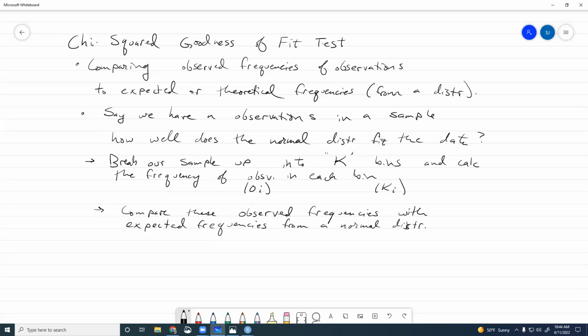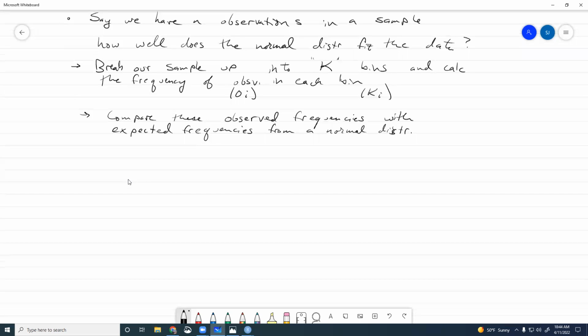And so what this looks like is, here's x, here's f of x, and we'll do a histogram of our values. We'll fit that normal distribution with the same mean and standard deviation as our sample.